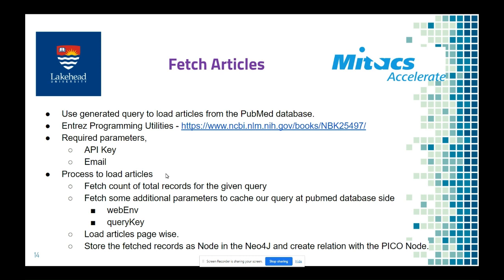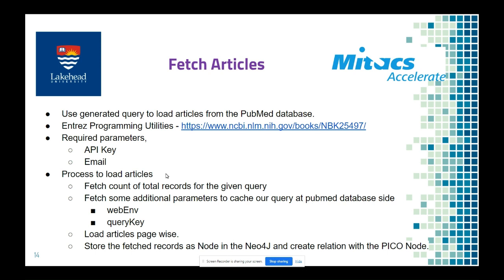Otherwise, after a certain number of requests, the request gets blocked by the NCBI portal because of security concerns. So first we need to register an account and get the API key and email, and we pass them on each request.